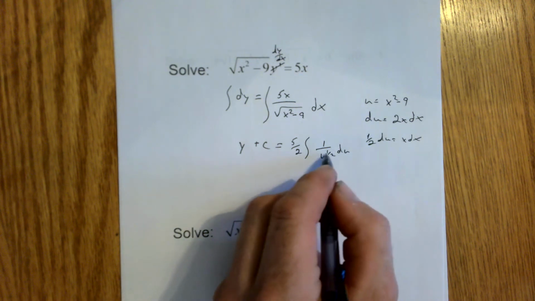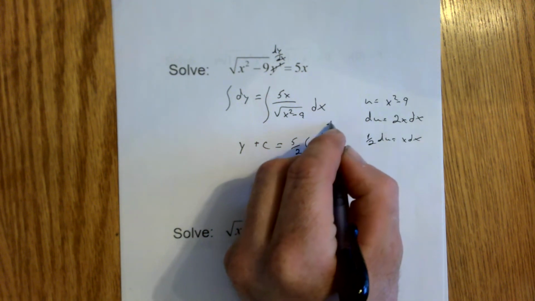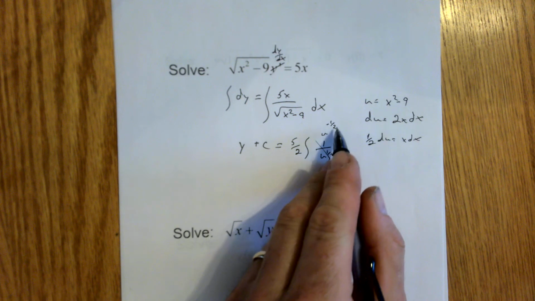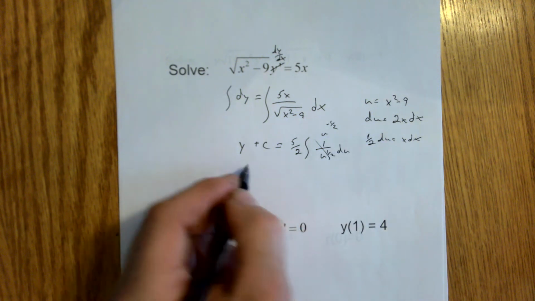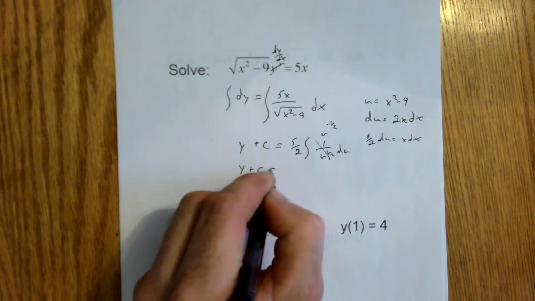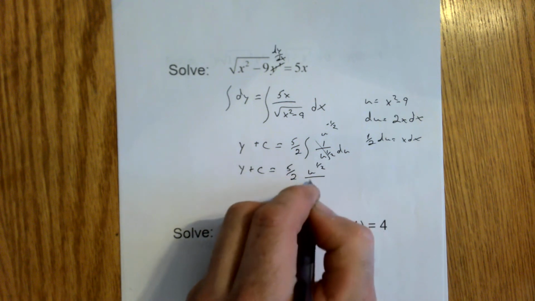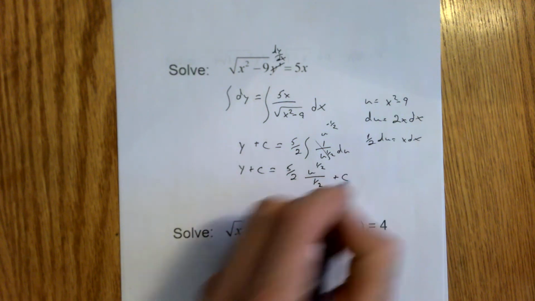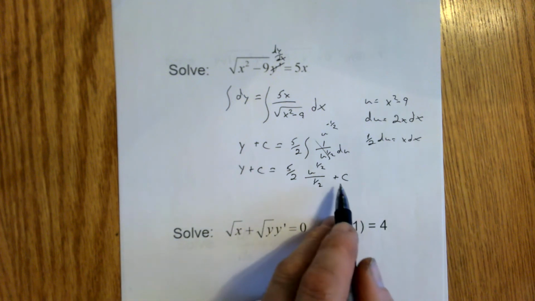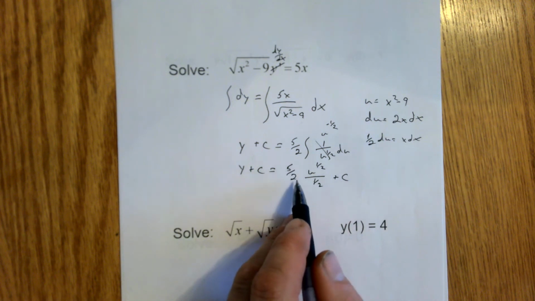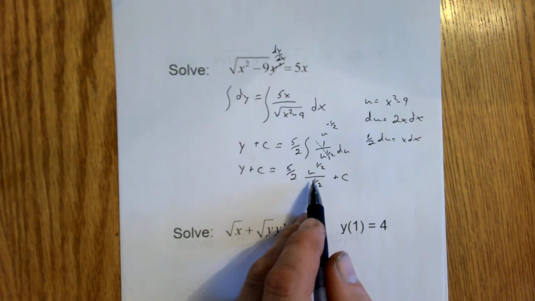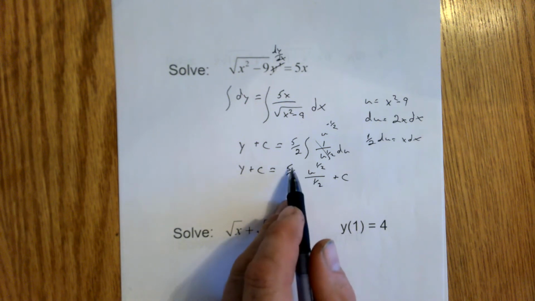In order to integrate that, I'm going to bring that to the numerator as a negative exponent. So I get u to the negative 1/2. So I have y plus c equals 5/2 u to the 1/2 divided by 1/2 plus my c. Cleaning that up, I have 5/2. If I divide by 1/2, that's the same as multiplying by 2.